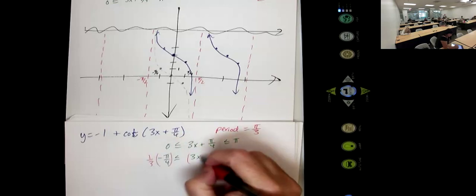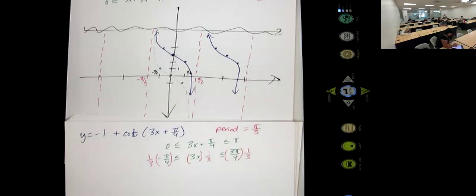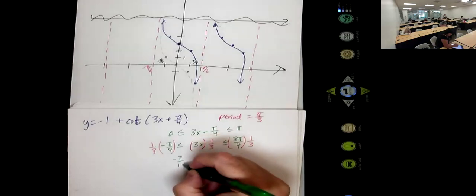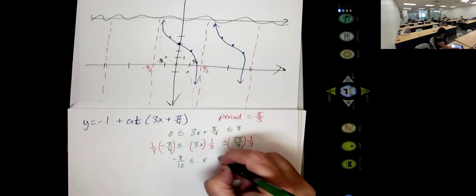Since the left one is going to have a 12 on the bottom, I'm not going to cancel out the 3 on the right, I'm going to keep a 12 on the bottom for both. I think that's going to be a little bit easier to draw everything. So it'll give me negative pi over 12 on the left and 3 pi over 12 on the right.